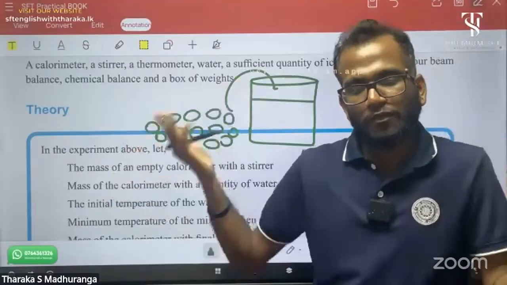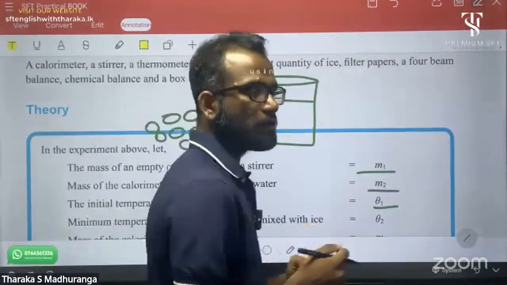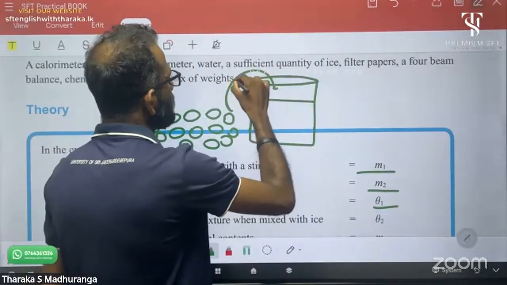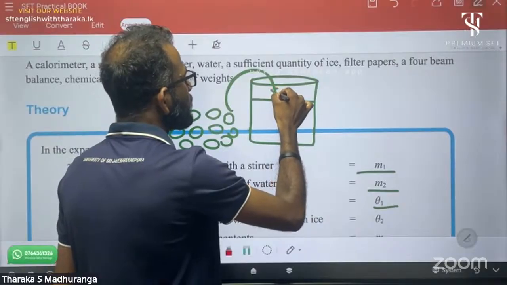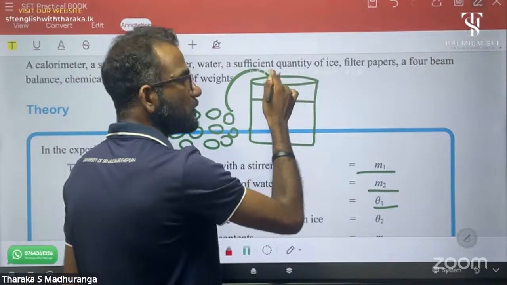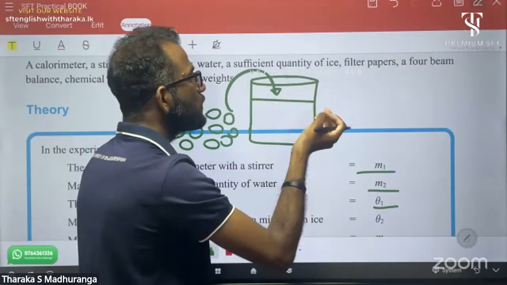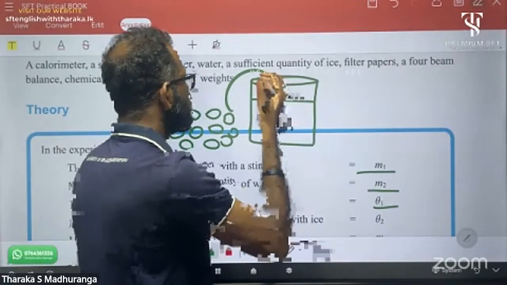Fourth step, select medium-sized ice pieces and add them carefully. Spilling out can happen here, so we have to avoid spilling and carefully add the ice one by one into the water.